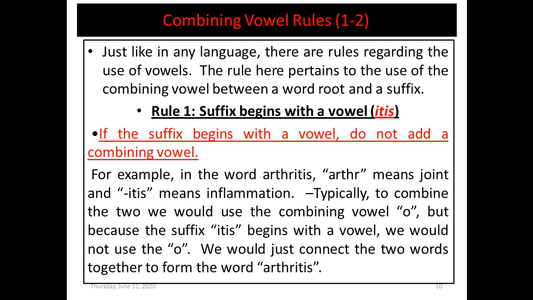We would just connect the two together to form the word arthritis. So this is rule number 1. If the suffix, as in itis, begins with a vowel, then when we join the word root and suffix, there is no need to add a vowel in between, like the o vowel.